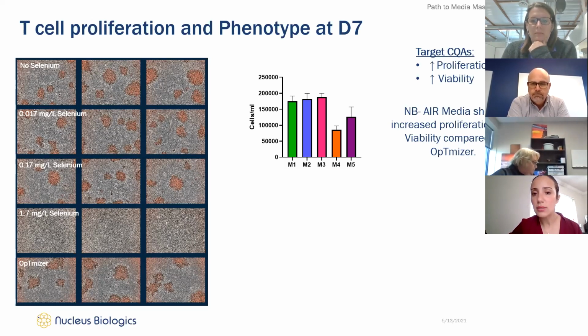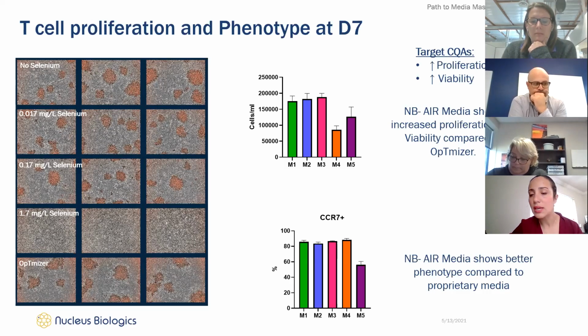Then I also checked the phenotype to identify the expression of CCR7. If you can click next, Rachel, please. You can see here that compared to the control media, the expression of CCR7 is higher, which translates to less exhaustion in these cells.